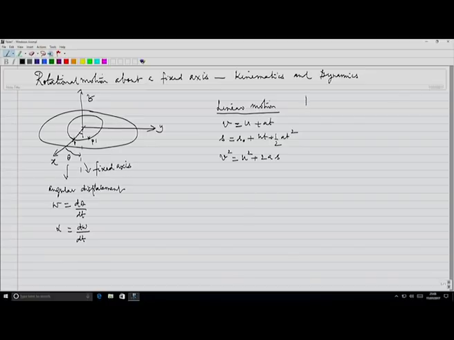Now the corresponding kinematical equations in the case of rotational motion are, we will write down, omega is equal to omega naught plus alpha t, theta is equal to theta naught plus omega naught t plus half alpha t squared, omega squared is equal to omega naught squared plus 2 alpha theta.